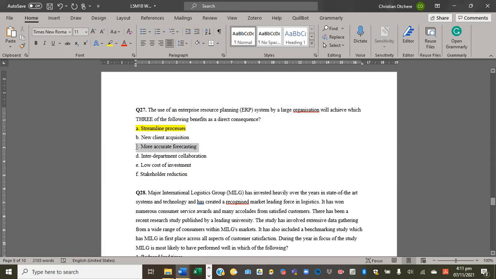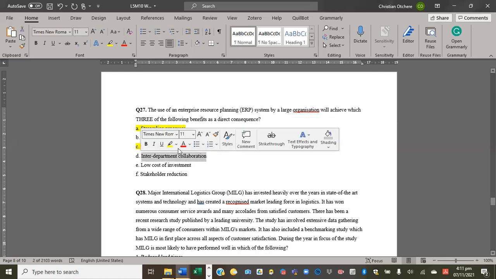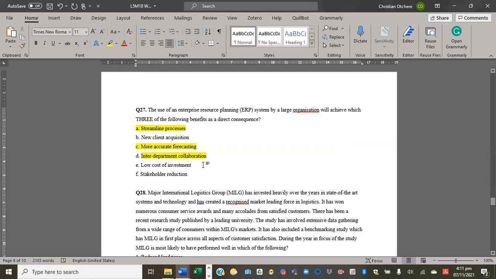And interdepartment collaboration. Yes. Low cost of investment, is it a benefit? No. Stakeholder reduction? No. New client acquisition? No. These don't even make sense. So I think that is it: streamlining processes, more accurate forecasting, and interdepartment collaboration.